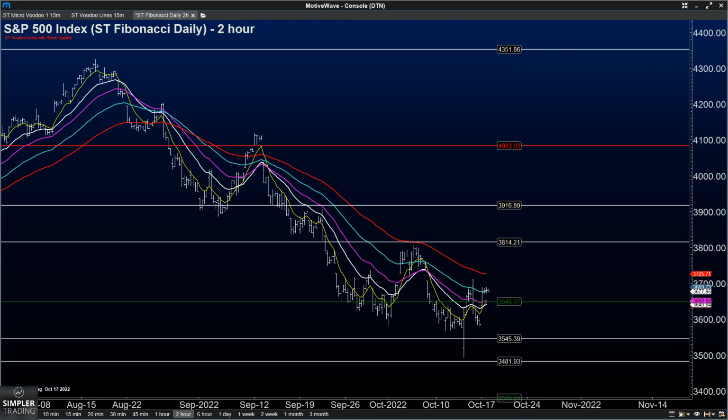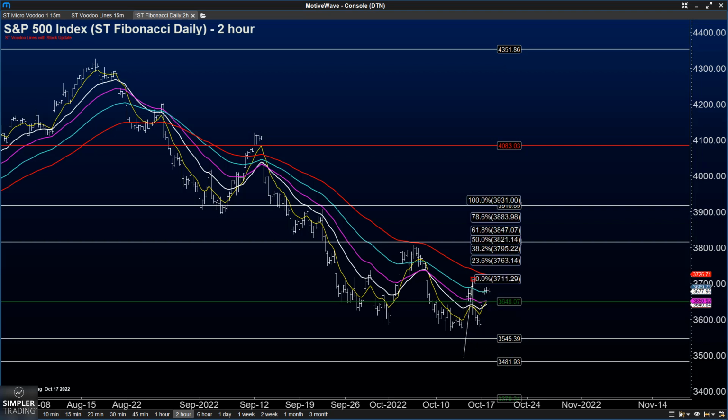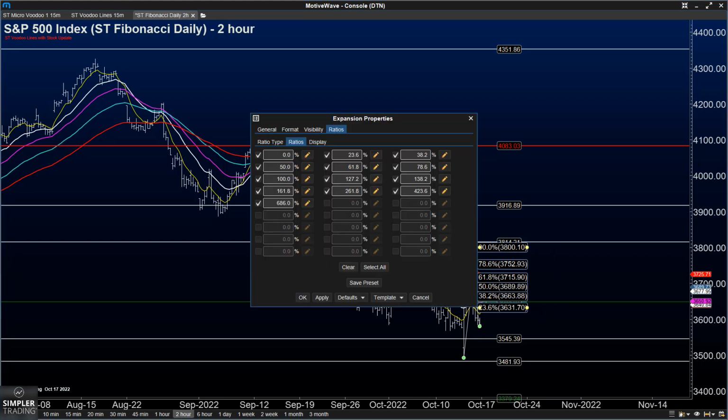And the way that Fibonacci helps inform our Elliott wave is, we can measure this initial leg up from Thursday's low to Friday's high, and then project upwards from Friday's low.